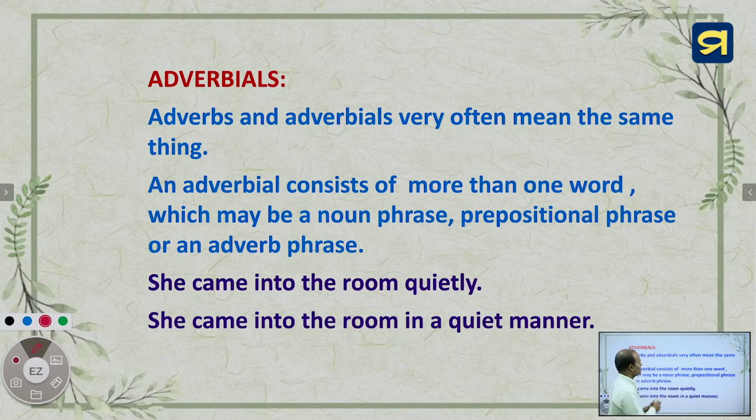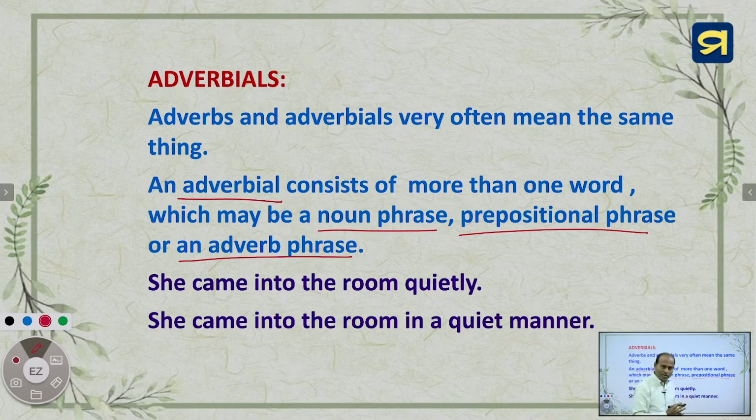The difference you observe in the last table is that an adverbial consists of more than one word, which may be a noun phrase, a prepositional phrase, or an adverb phrase.